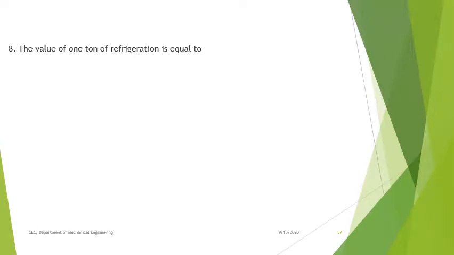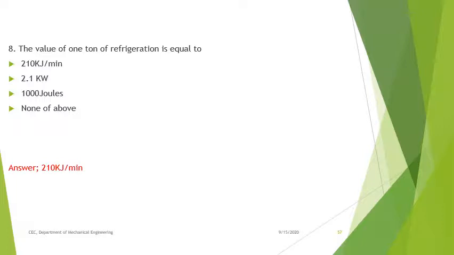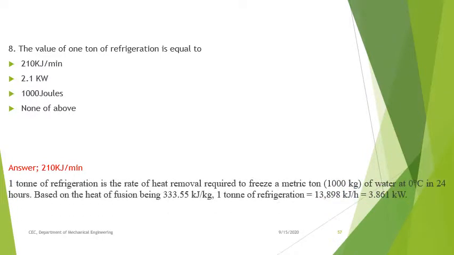The value of 1 ton of refrigeration is equal to 210 kilojoules per minute, 2.1 kilowatt, 1000 joules, or none of the above. The exact answer for this question is 210 kilojoules per minute. 1 ton of refrigeration is the rate of heat removal required to freeze a metric ton, that means 1000 kg of water at 0 degree centigrade, in 24 hours, based on the heat of fusion being 333.55 kilojoules per kg.